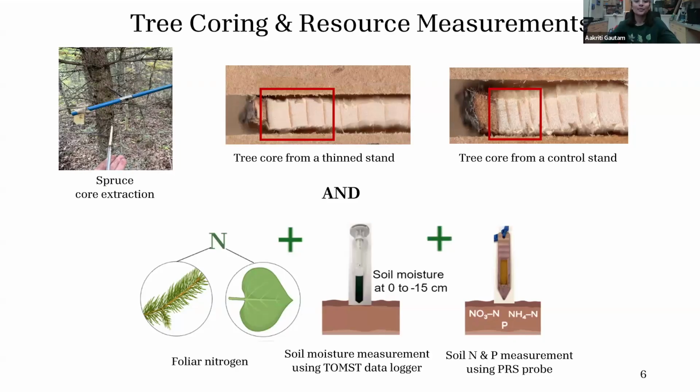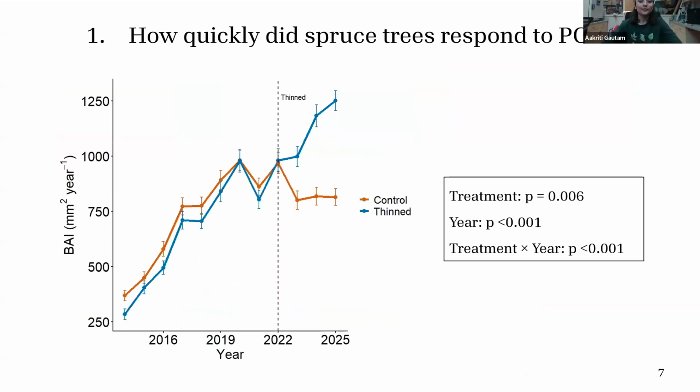This is just an example, but it still shows a clear visual contrast of how differently trees can respond under 2 different treatments. We also measured various resource variables like foliar nitrogen concentration, soil moisture, and soil nitrogen and phosphorus to better understand how these resources were associated with those growth responses.